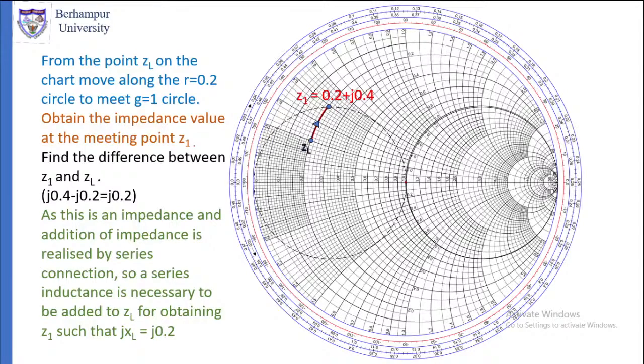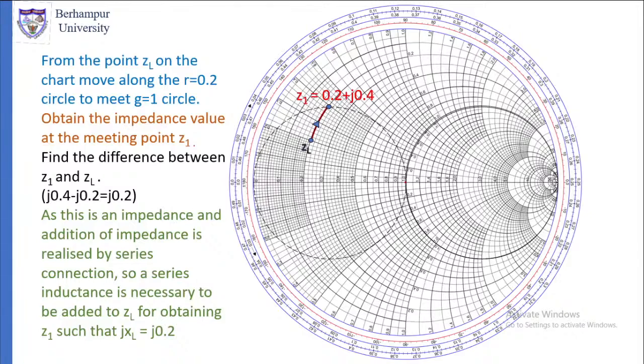So first locate that. Let us take 10 seconds to locate that point. Using your pencil, draw that. Now name that point as Z1 and find the impedance of that point Z1.